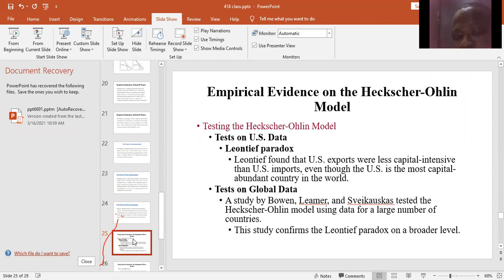That means the US imports more capital intensive products than it exports. By default, you expect a country that is capital endowed to export more capital intensive products and import more labor intensive products. But the reverse is the case for the US, and that turned out to be what we call the Leontief paradox, because it depicts an exception to the Heckscher-Ohlin theory.